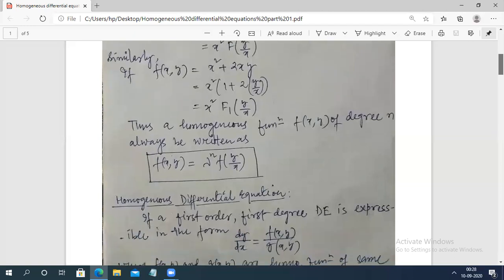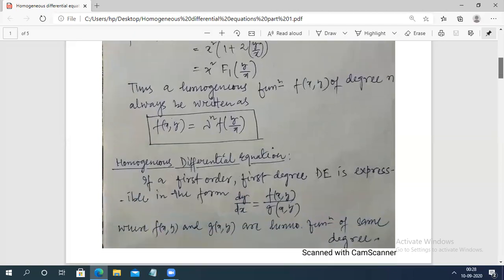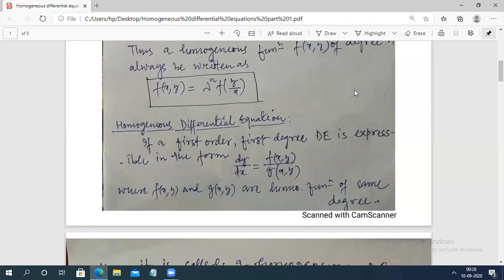Now, what is a homogeneous differential equation? If a differential equation dy by dx can be expressed in the form of f of xy upon g of xy, where f of xy and g of xy both are homogeneous functions of the same degree, then we say this differential equation is homogeneous.